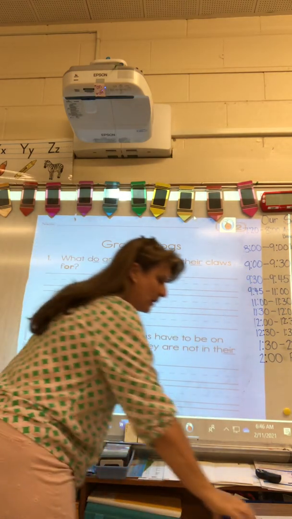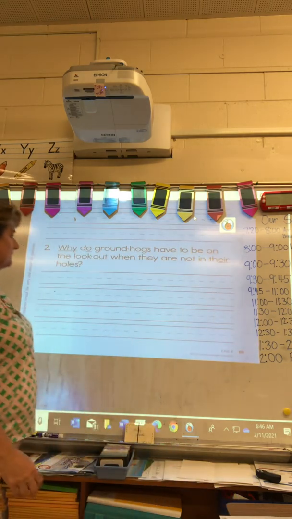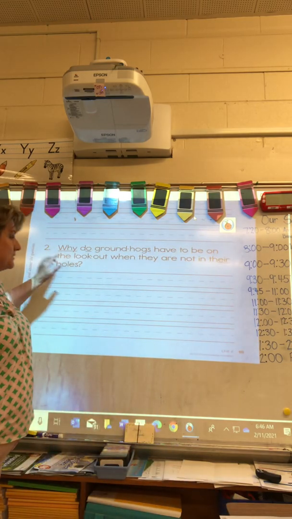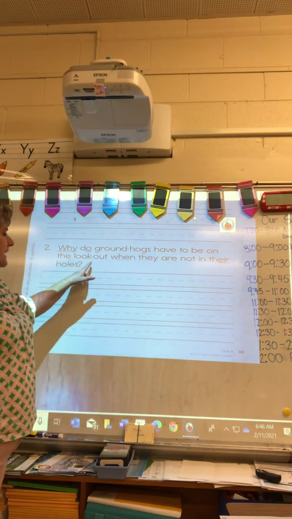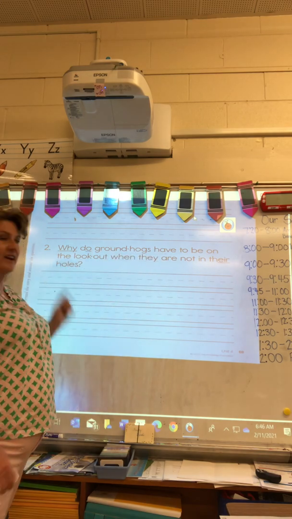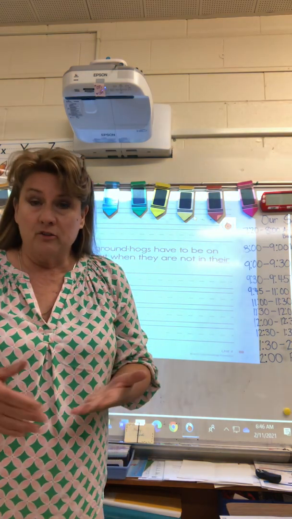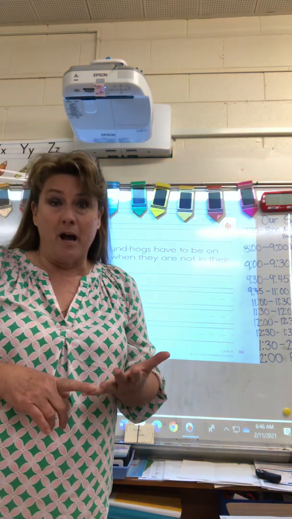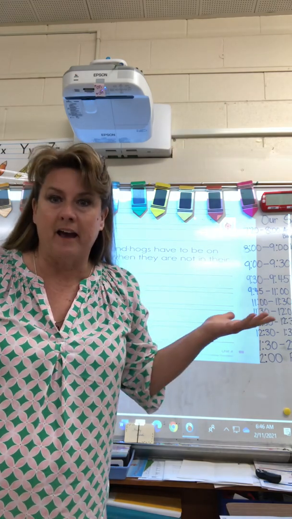And let's slide our worksheet up a little bit so we can get a good look at the next question. Question number 2 says, why do groundhogs have to be on the lookout when they are not in their holes? Now, we know the reason is because of critters like bobcats and snakes that like to eat groundhogs. But we can't just say bobcats and snakes.